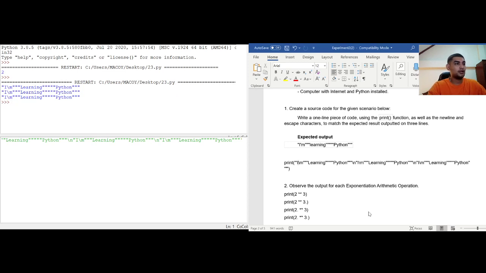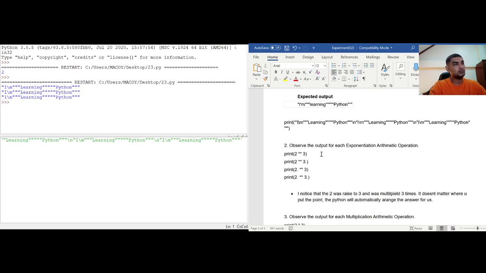Then for number 2, observe the output for each exponential arithmetic operation. So let's try this. We have 8. This means 2 raised to 3, or 2 cubed.